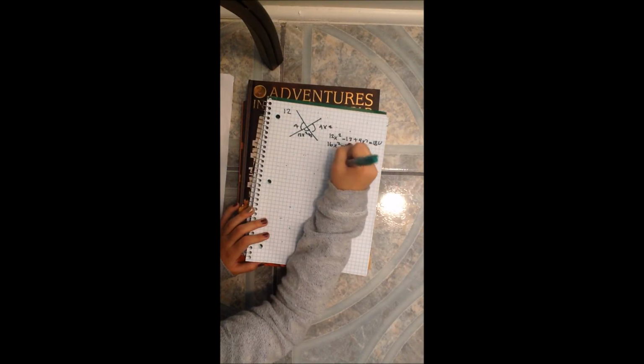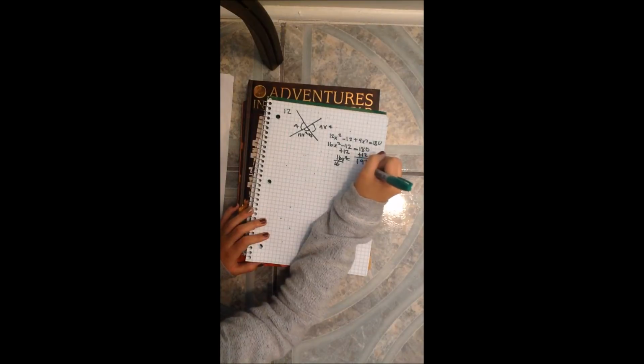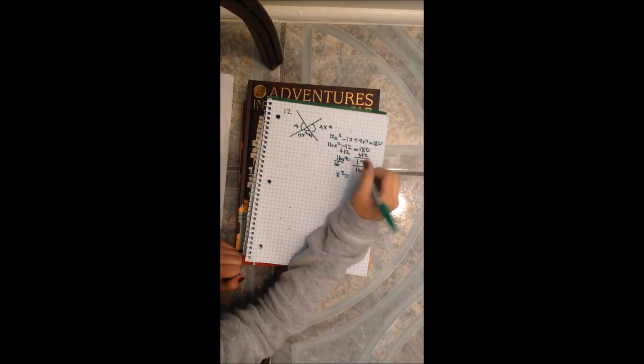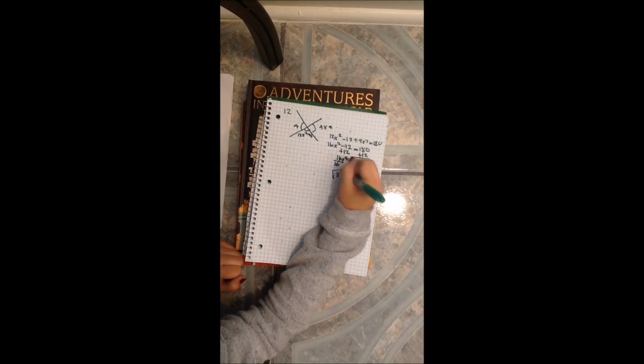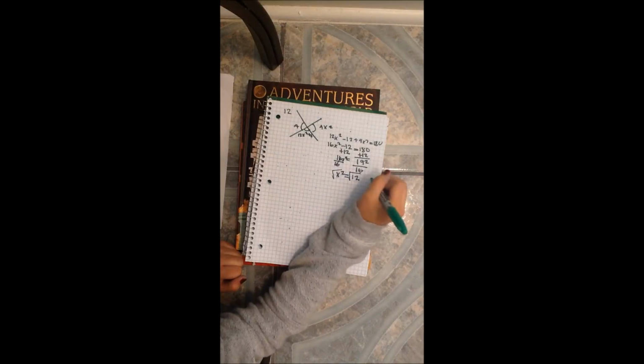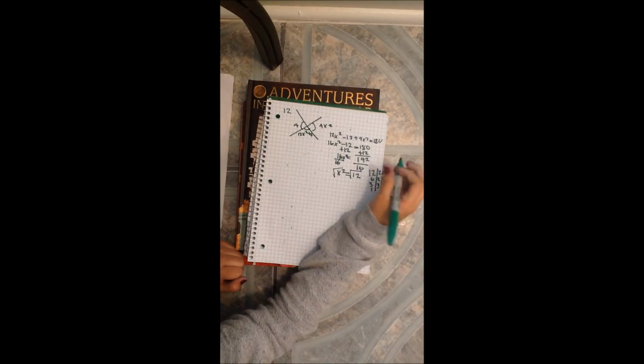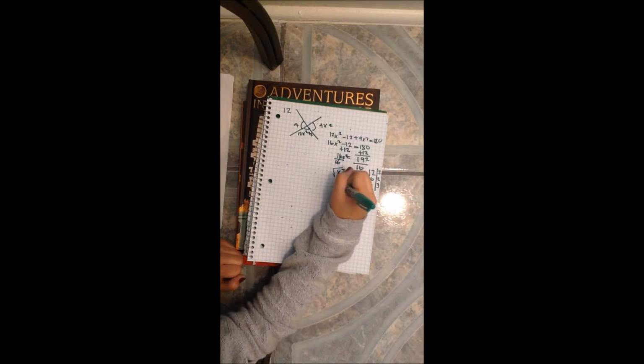Divide this by 16, and 192 divided by 16, so x squared equals 12, and then you square root it, so factor 12, divided by 2 is 6, divided by 2 is 3, divided by 3 is 1, so you get x equals 2 square root of 3.